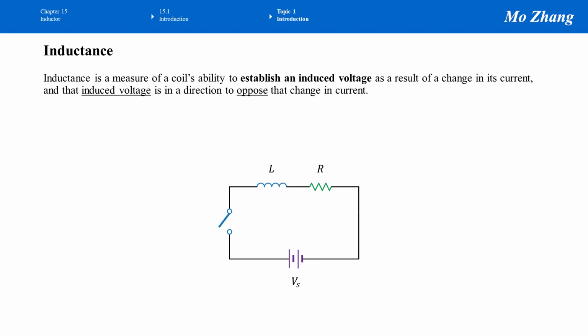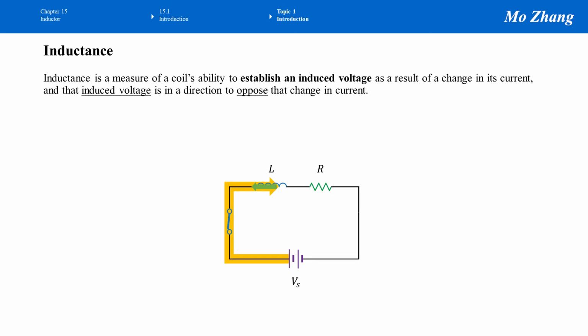This animation shows how it works. As soon as we close the switch, the electric current starts to flow out from that positive terminal, and then it just continues flowing through the circuit, and now it enters that inductor.